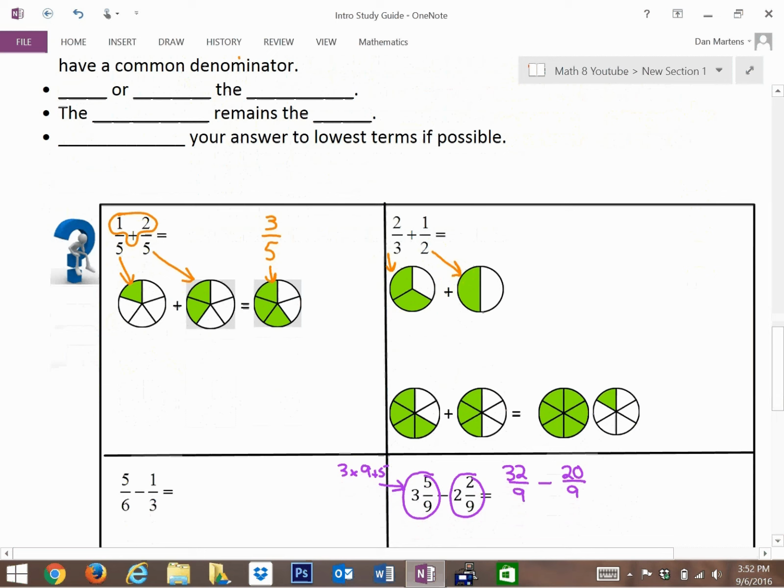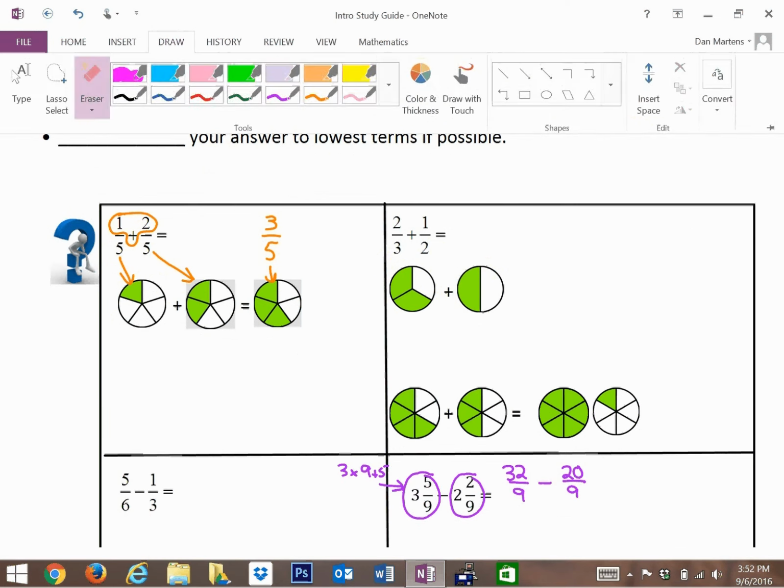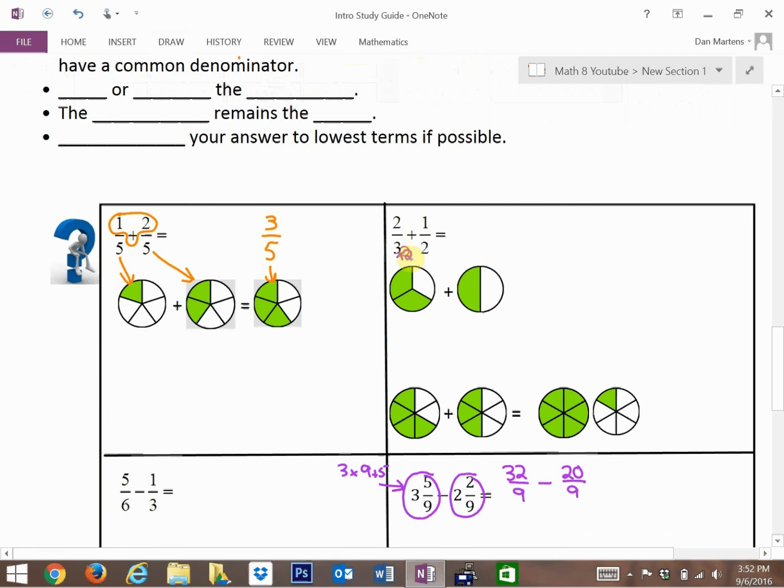So in order to create identical or like fractions, we're going to make them into a common denominator. Now I know I can make 2/3 into sixths if I multiply it by 2. So if I multiply this fraction by 2, what you're going to see is we just converted it into an equivalent 4/6.